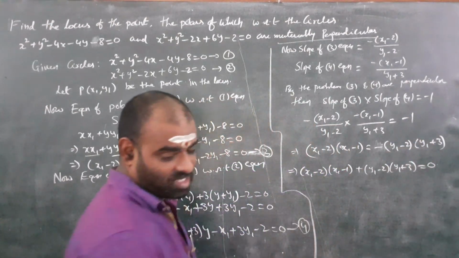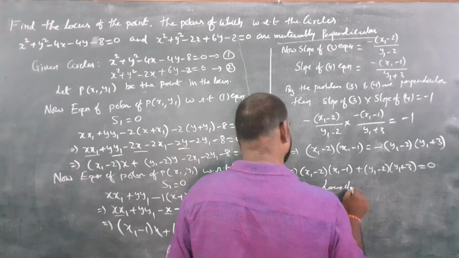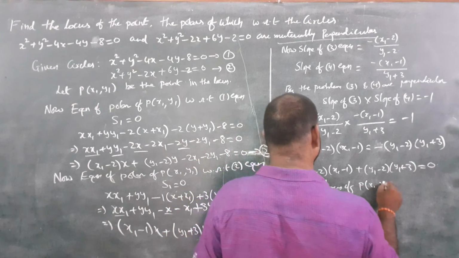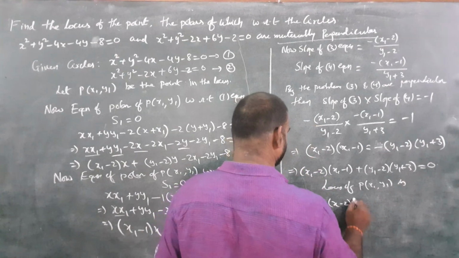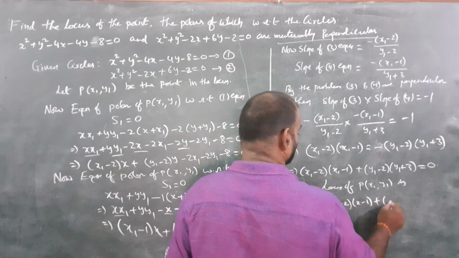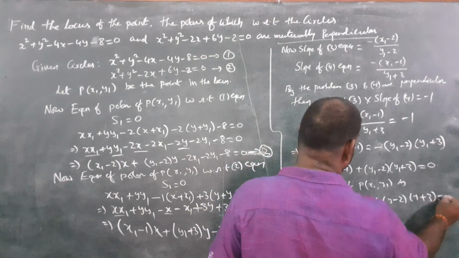So this is the locus. We write it as the locus of P(x1, y1): x minus 2 into x minus 1 plus y minus 2 into y plus 3 equal to 0. Very simple.